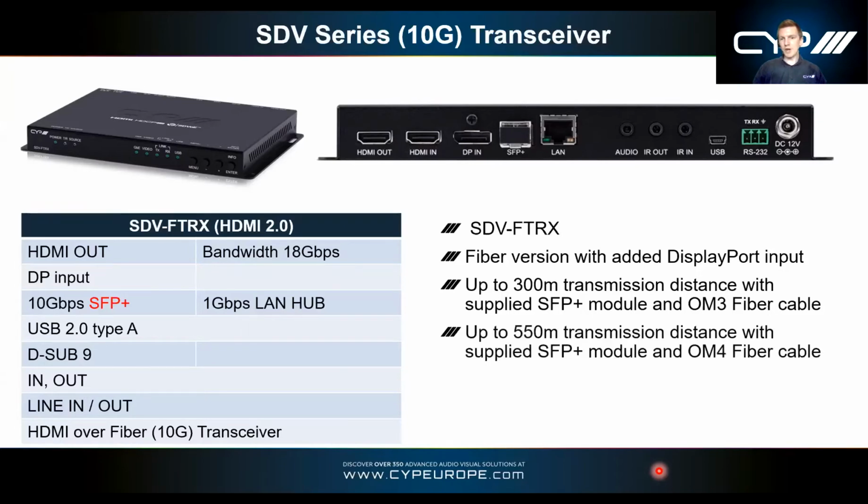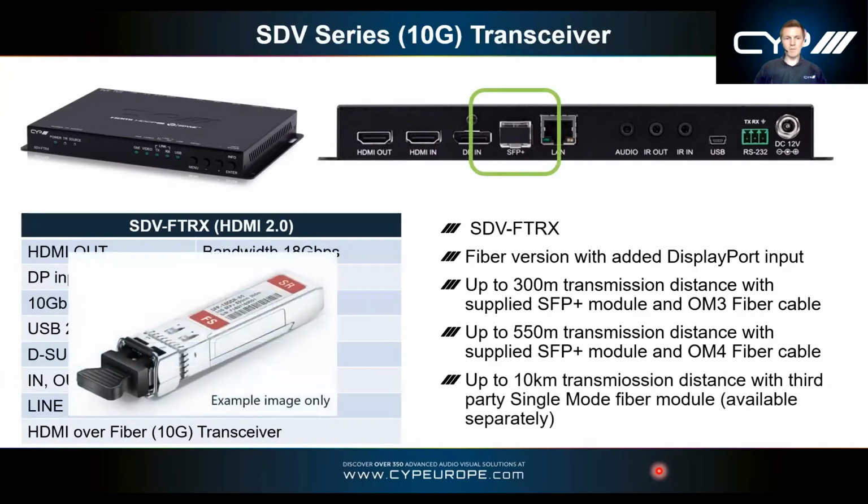If you simply change to OM4 fiber cable, you can then up that to 550 meters. Or if you change the fiber module, which we're showing you a picture of now, the area on the back of the unit highlighted in green, you can then get much longer distances.